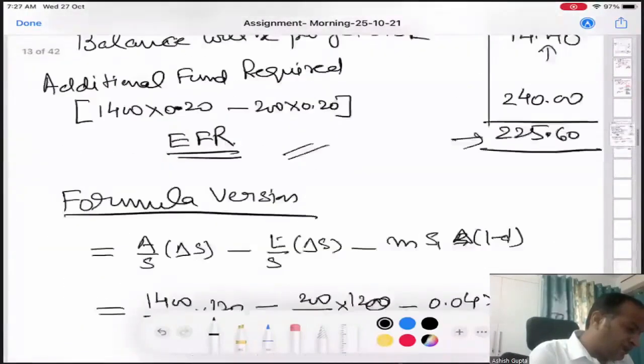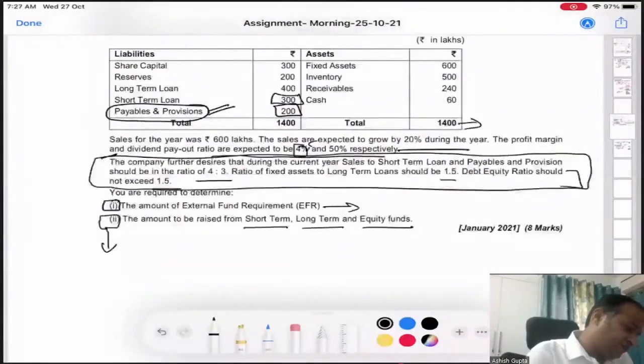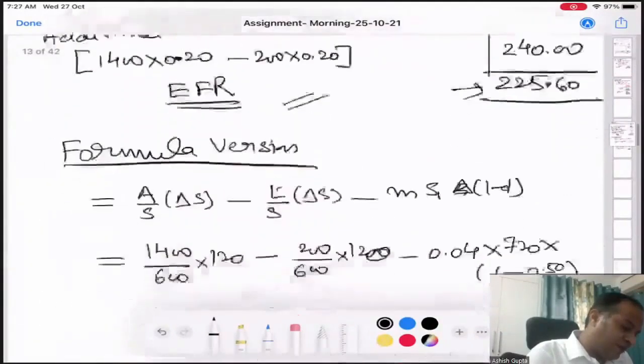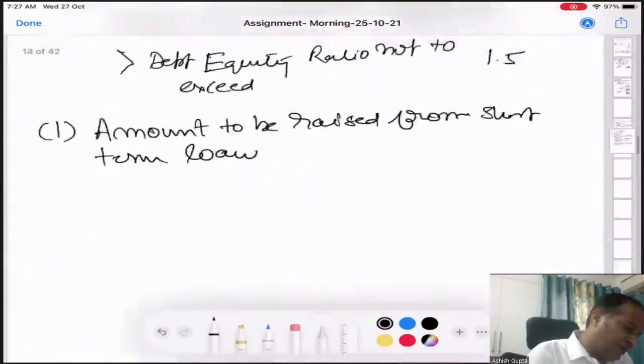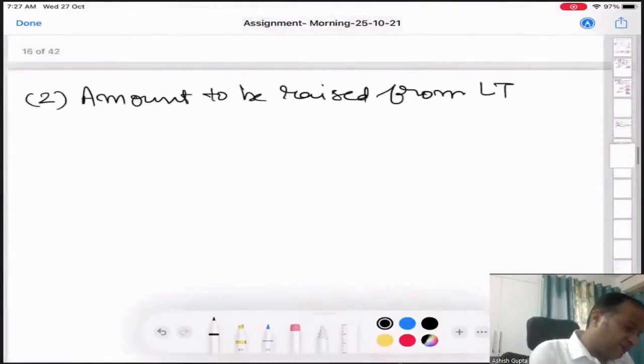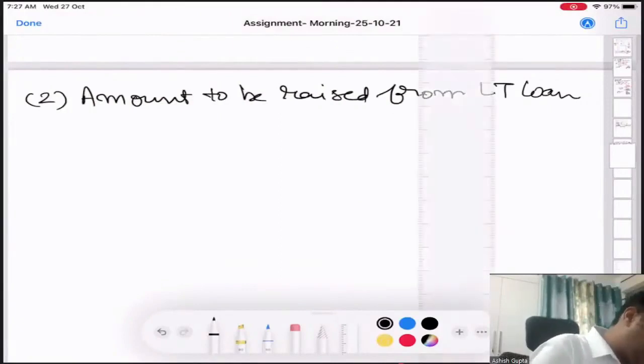I'm just taking it on another page. Here the condition is that it should be 1.5. Amount to be raised from the long-term loans. New fixed assets. So first of all, we draw out the table.